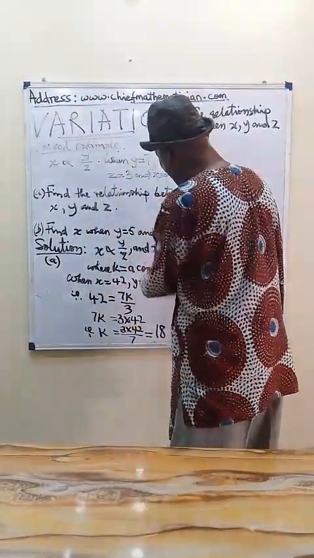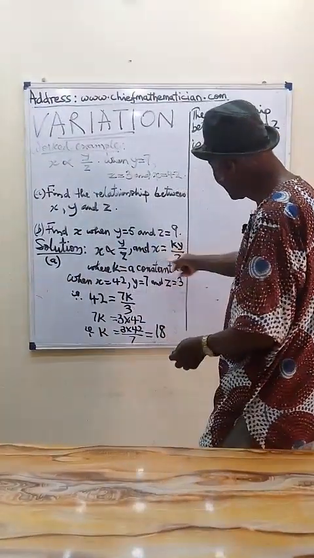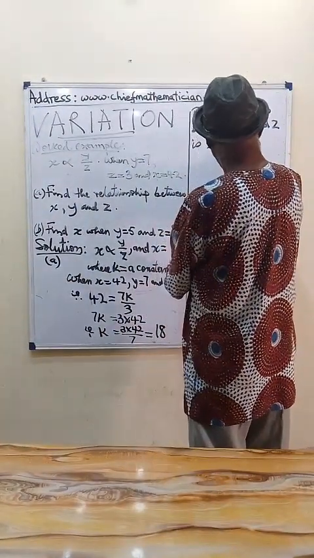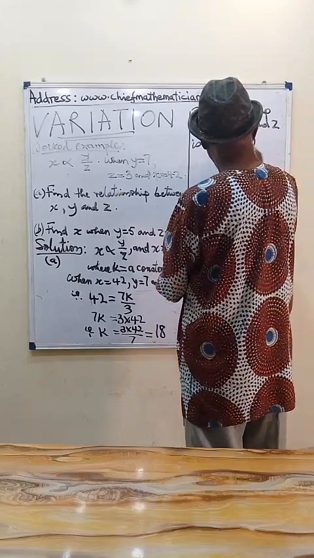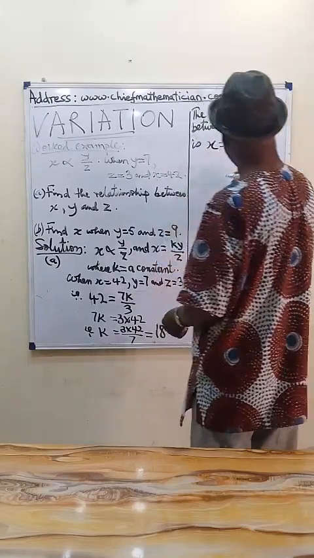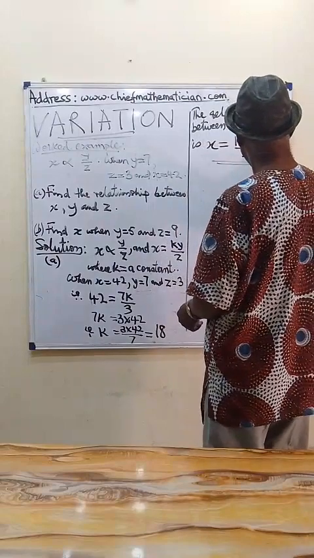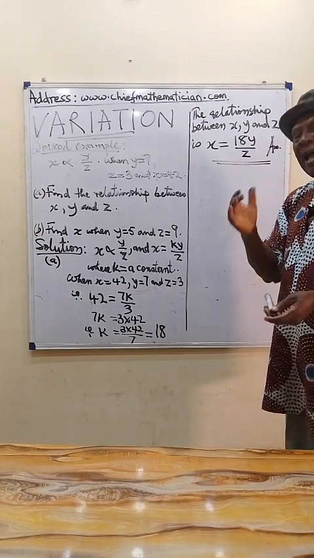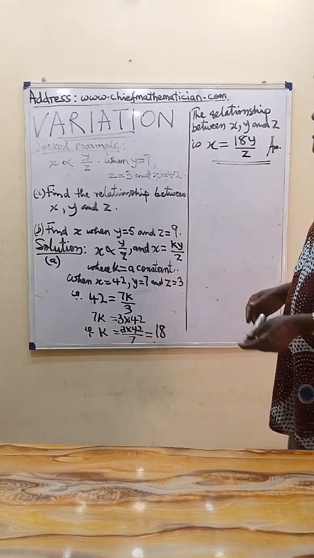Now that I've got the value of k, it is no longer this, but x is equal to 18y over z. This is the relationship between x, y, and z.